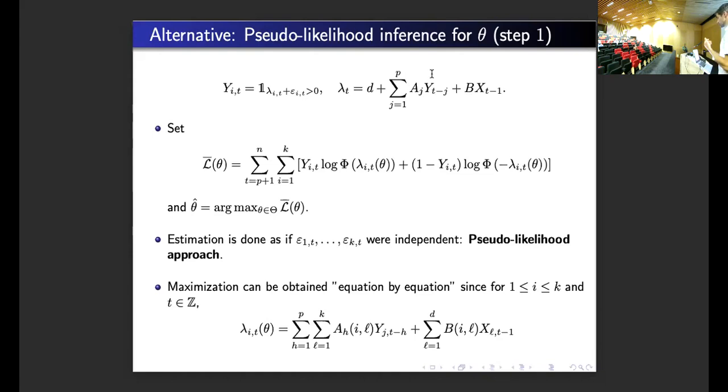it measures if the absence or presence of a species at a previous time has a positive or negative influence on the presence or absence of the species at the next time, for all the species. It is the same for the covariate. The sign of the B coefficient measures if the covariate has a positive or negative impact on the presence.